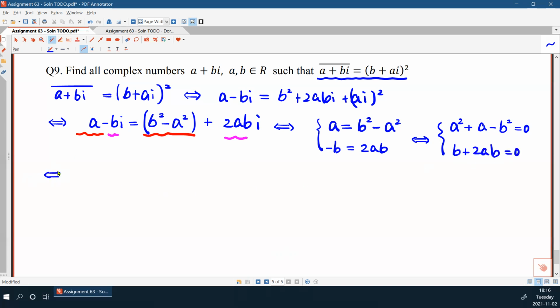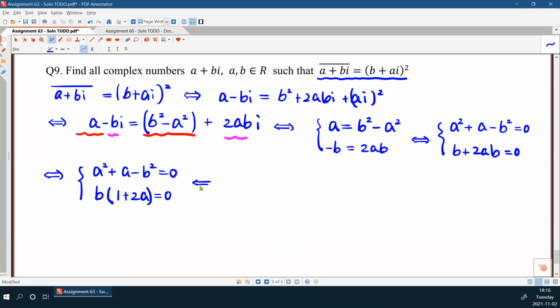Let's just keep the first equation unchanged, and start from the second equation because it seems a little easier. B is a common factor, so let's put it in front. What's left behind is 1 plus 2a, right?